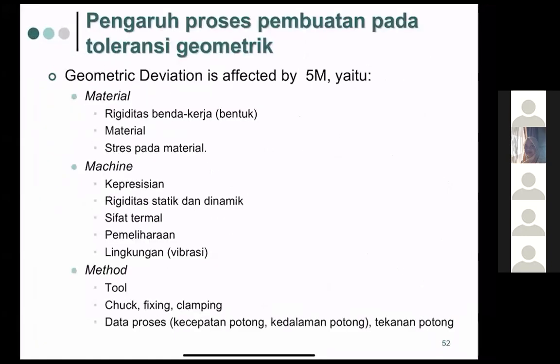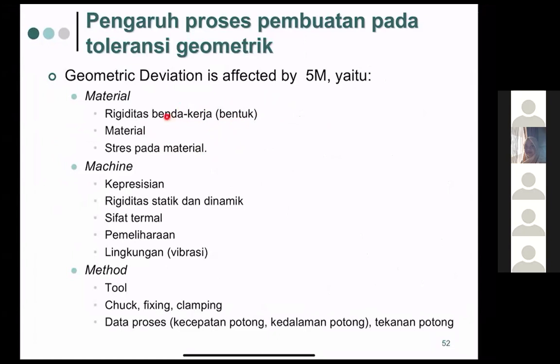Okay, so anyway, the geometric deviation is affected by 5M. The material: how hard is it, the shape or the rigidity of the material, and the stress of the material. If you work with steel, it is quite ductile and quite easy to shape.